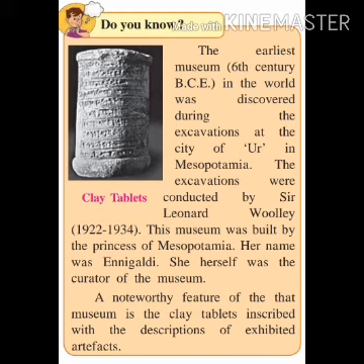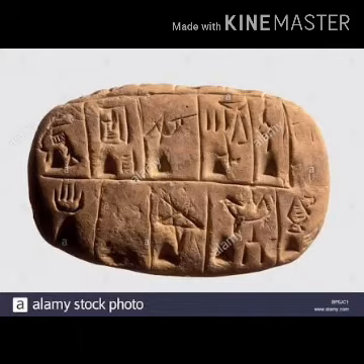Curator means caretaker. A noteworthy feature of the museum is the clay tablet inscribed with the descriptions of exhibited artifacts. A clay tablet is a flat surface made of clay. Symbols or scripts were pressed into the soft clay.